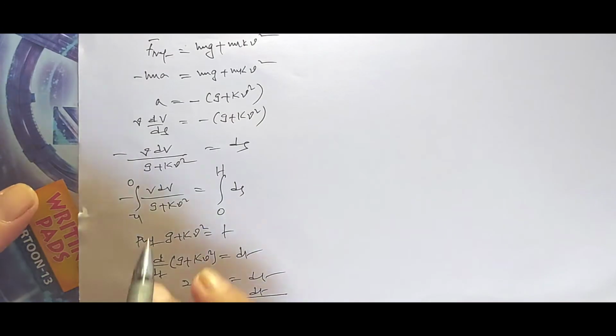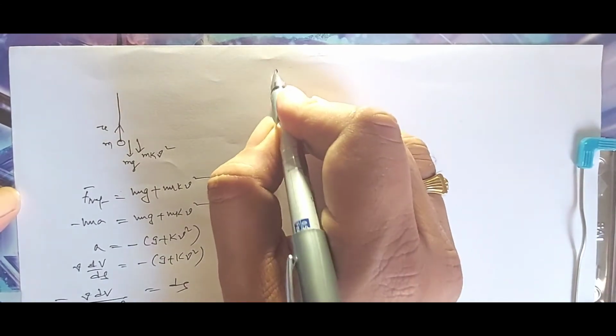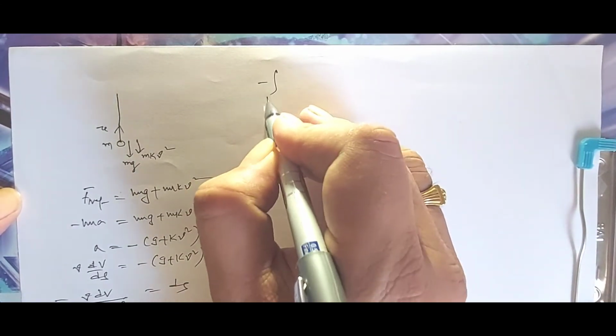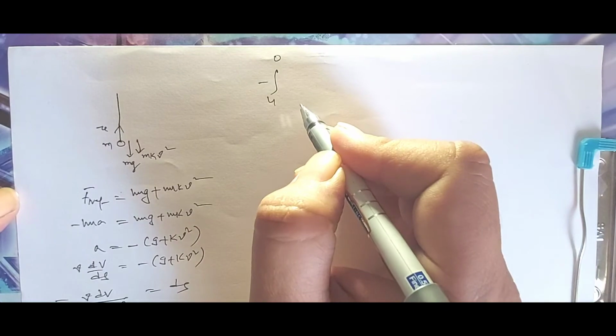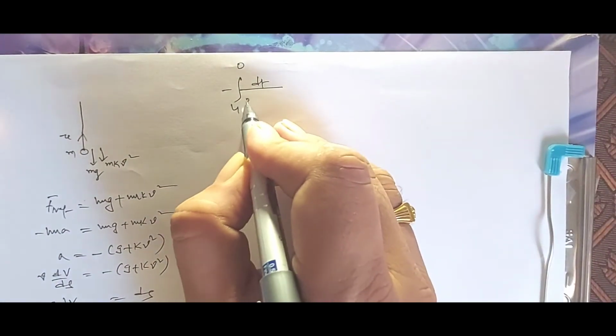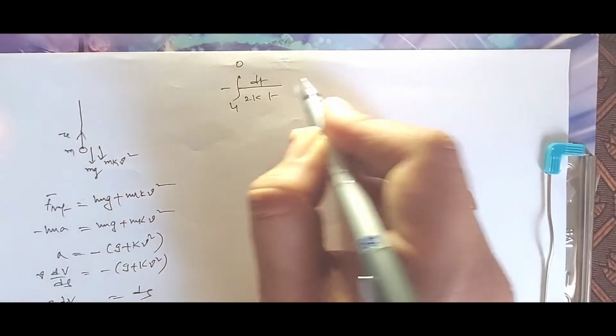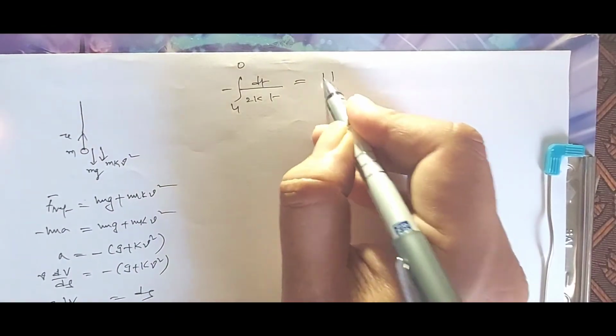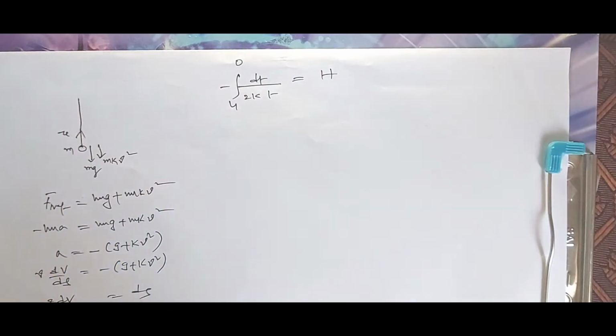Put this in the above integration equation. Now we write minus integration from u to 0 of v dv, which is dt by 2k, divided by t, is equal to h. The integration of ds is equal to s.